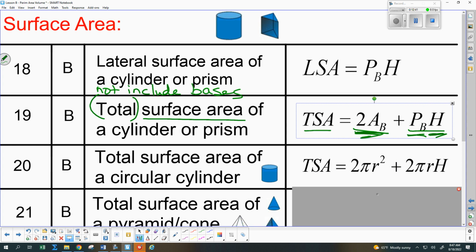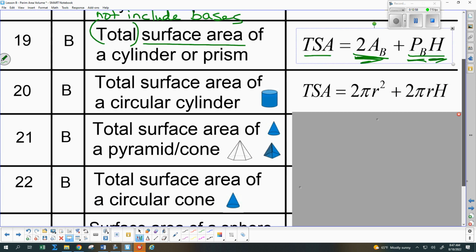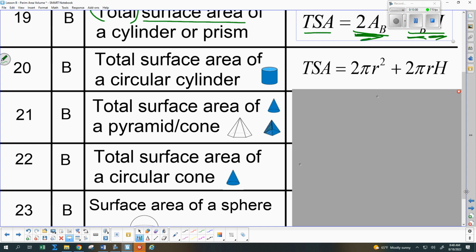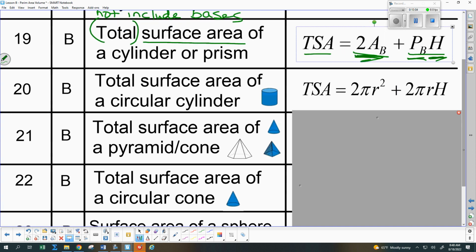Now, if we start talking about pyramids and cones, it becomes a little bit different in there. First off, we have only one base when we are talking about a pyramid or a cone. And let me get hold of a couple of them here.